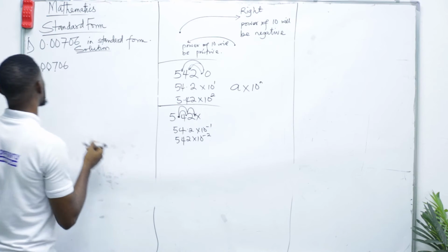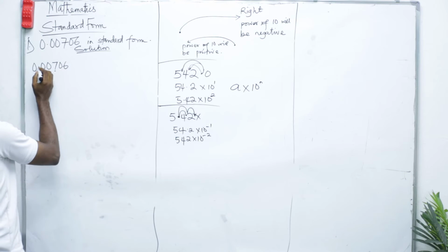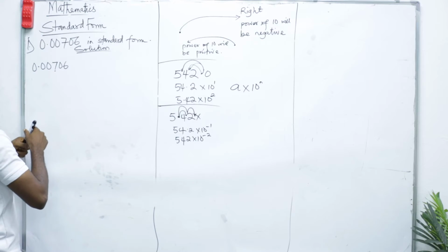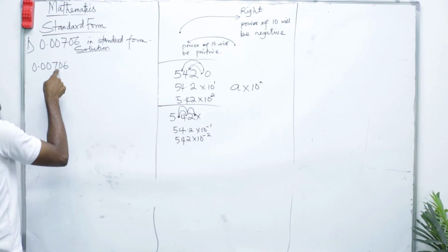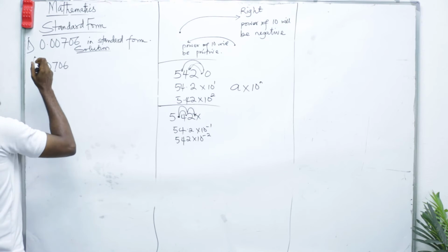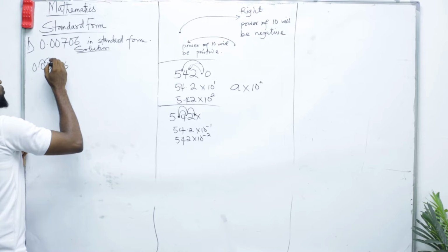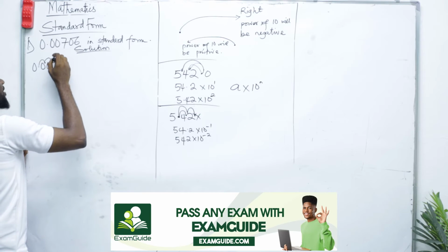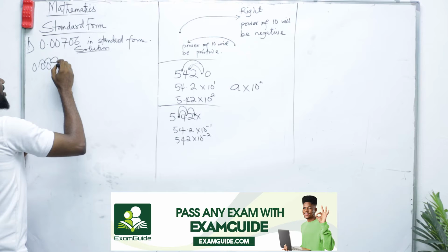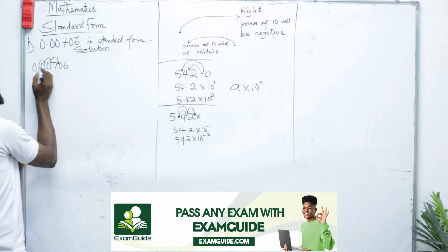So our concern is to move this decimal point from this position to where we have 7. We move it 1, we move again, 2, we move again, 3. So this decimal point has now moved to this point.